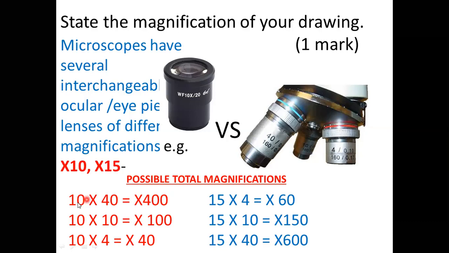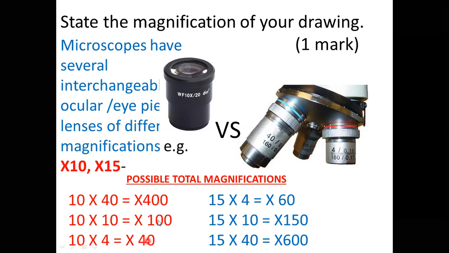These are the possible combinations. Anytime you have a times 10 eyepiece lens, it can match with times 40 to give times 400, or times 10 to give times 100, or times 4 to give times 40.